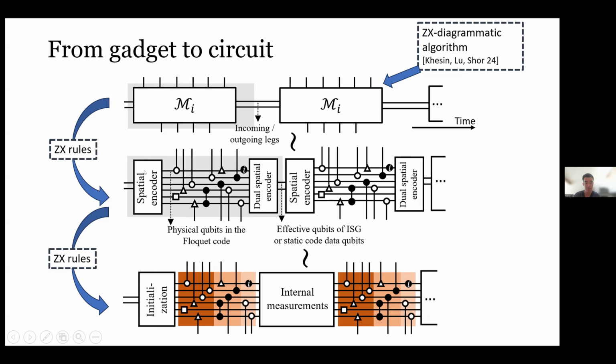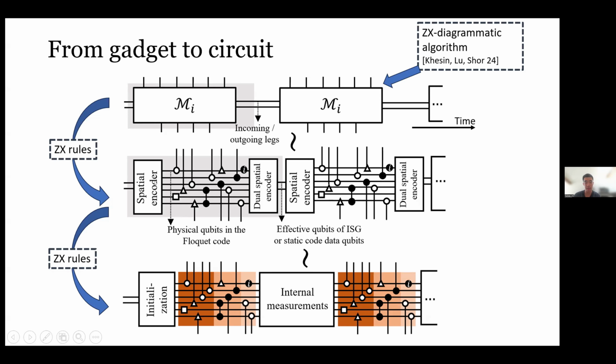The first stage is a spatial encoder, which enlarges the Hilbert space from the incoming and outgoing legs to a few local degrees of freedom. These local degrees of freedom are connected to neighboring gadgets, because these are the legs on the bonds. Then it goes through a dual encoder so that it goes back to the number of physical qubits that were at the place.